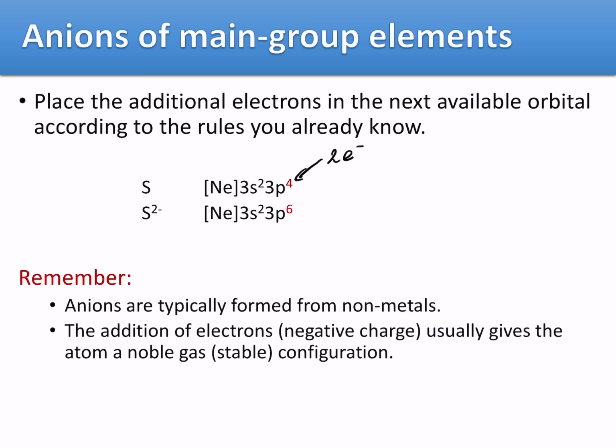So now you have 3s2, 3p6. You have 8 electrons here now. And that configuration, if the neutral atom has that configuration, the shorthand notation, now S2- is equal to argon. Okay, you are moving to the next noble gas.